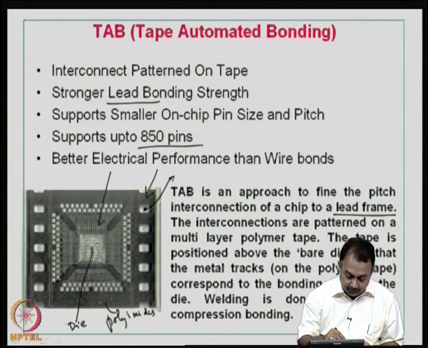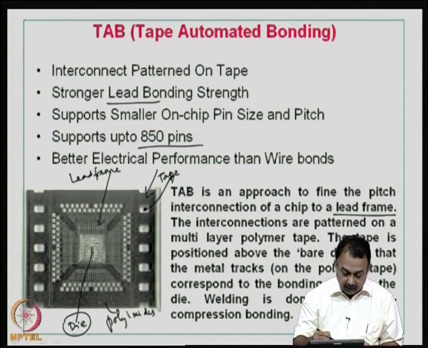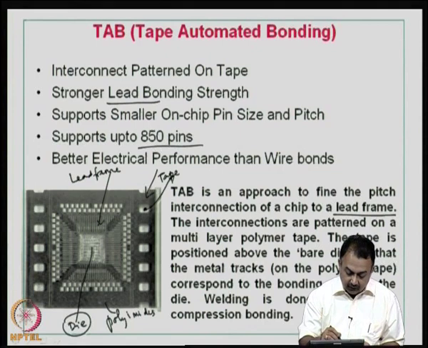One is the die, the other is the plastic material or the tape that you see here. The third one is the lead frame, which houses the leads, which are basically the input output pins connecting to the external world. And then this die is brought into registration, or into the exact position that is required, and that is defined by the lead frames present.